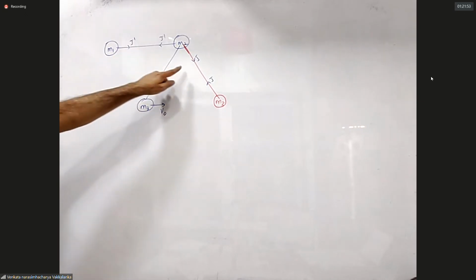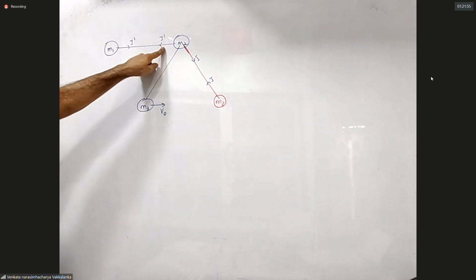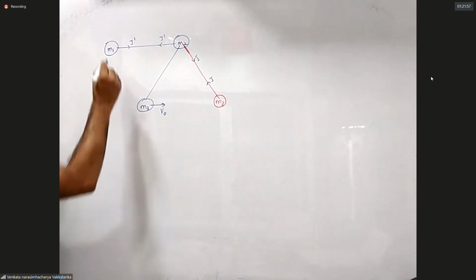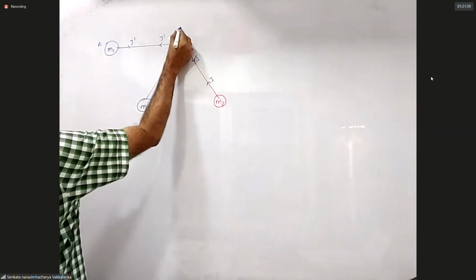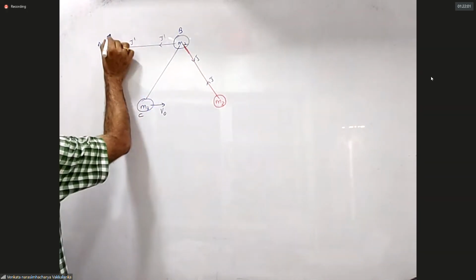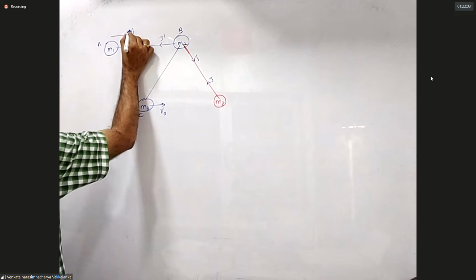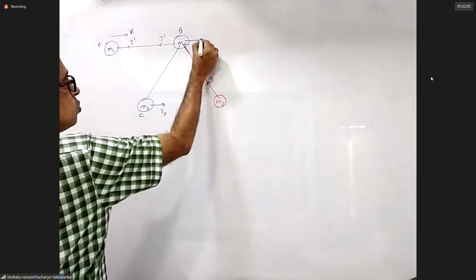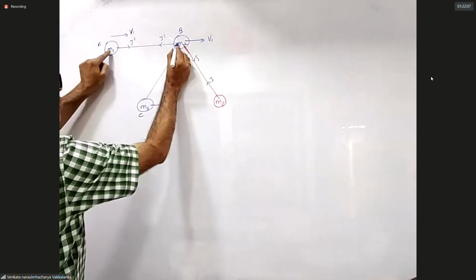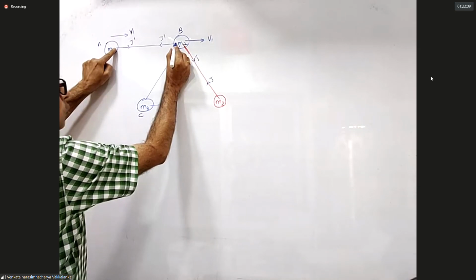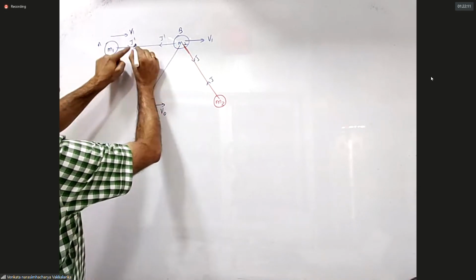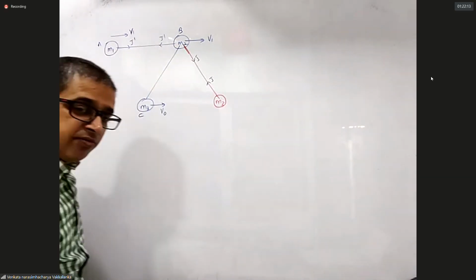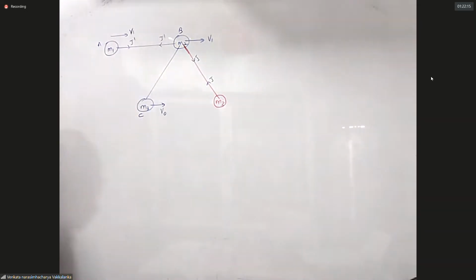When there is J impulse on this, there will be J dash impulse on it. This is A, this is B, this is C. This acquires a velocity of V1. Then this will also acquire a velocity of V1 because both these endpoints are two ends of a string. They should have the same velocity.